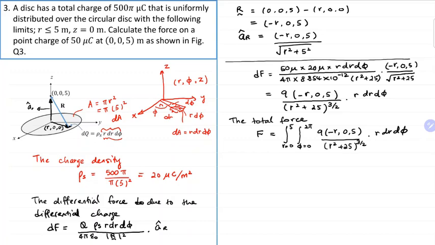Okay, so that means that if I have a charge at this point here, there is a counter charge that cancels it out at that point. So as a result, we know that the force is only in the z direction.